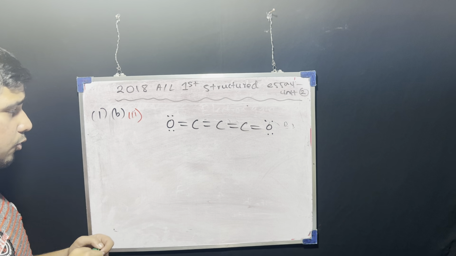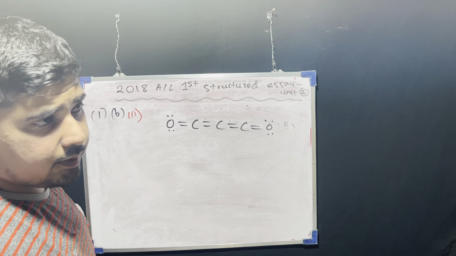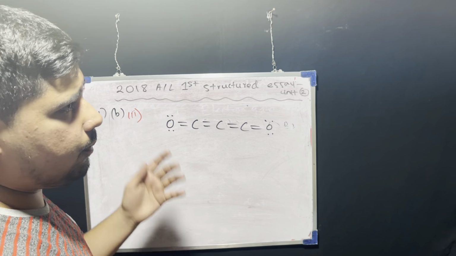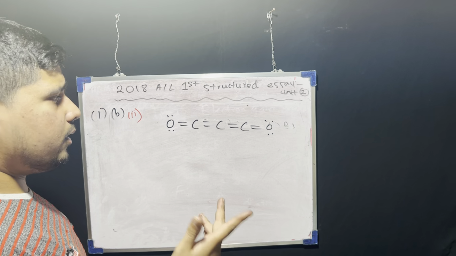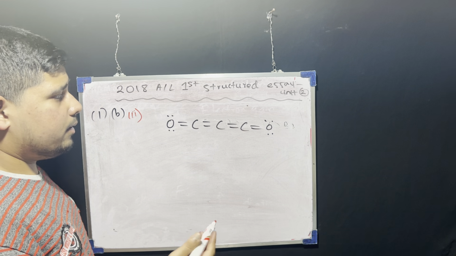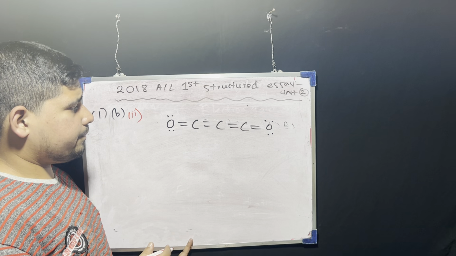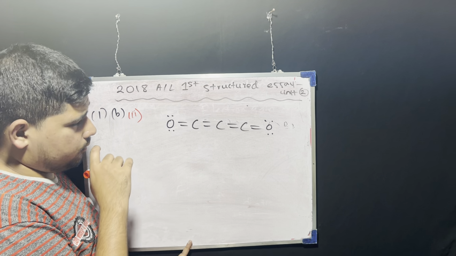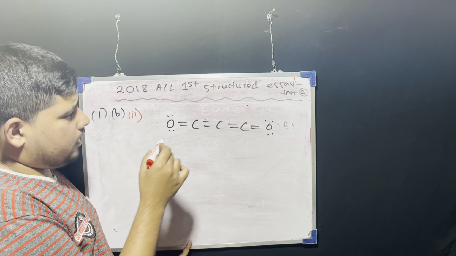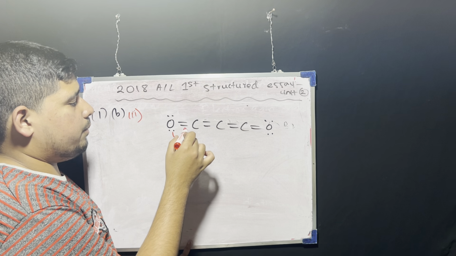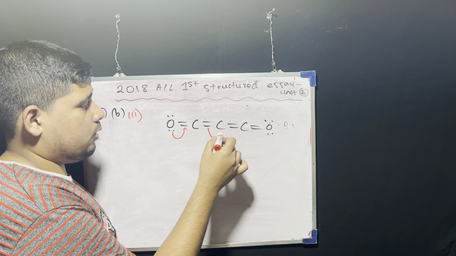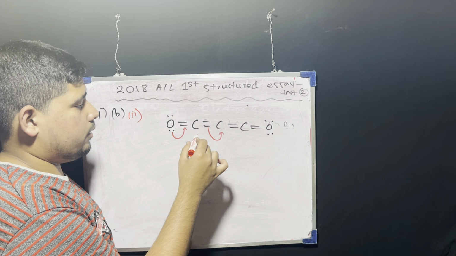Okay, how to draw the resonance structure? By shifting bond pairs and lone pairs, we can draw the resonance structures. Here, what can I do? I can make this lone pair the bond pair and this bond pair the lone pair. So here is the structure.